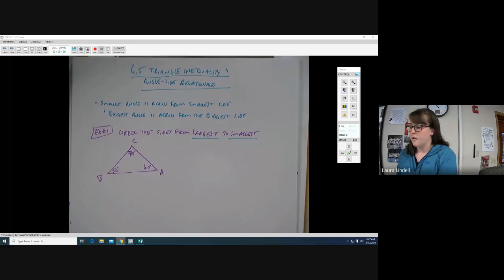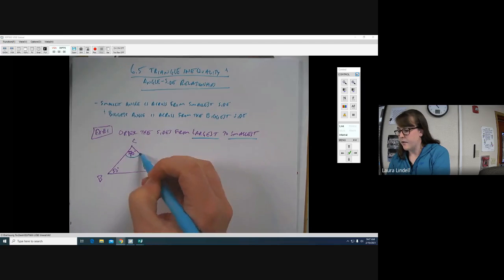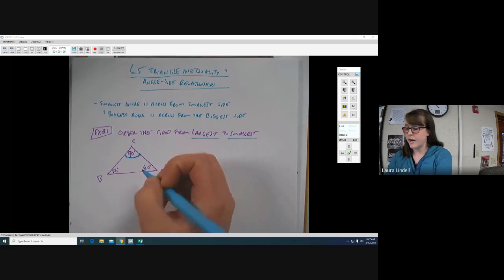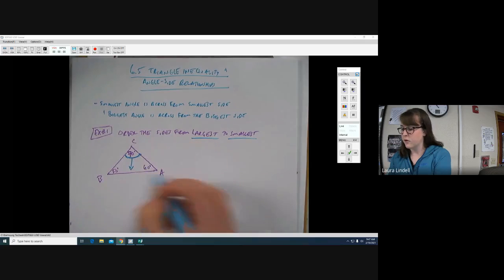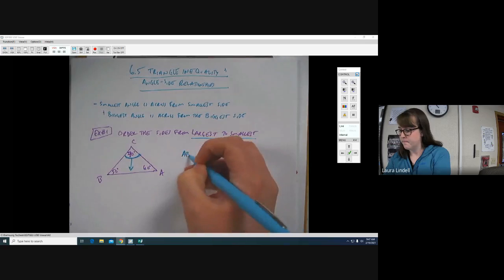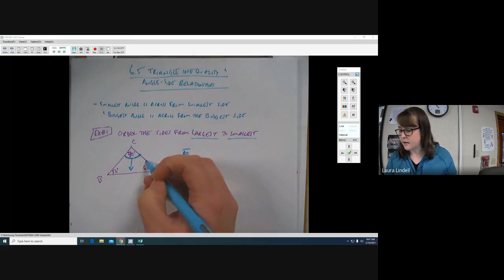So we go looking for, well, what's the largest angle? That's 70 degrees. So that's going to be across from my largest side. So my largest side is going to be AB. So that would come first. Well, then what's the next biggest?